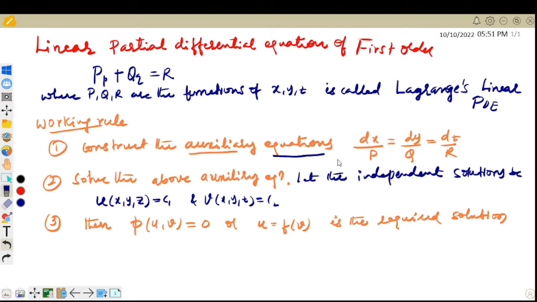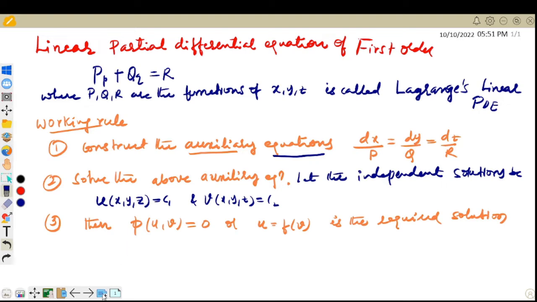So let the independent solutions of these subsidiary equations be u of x, y, z is equal to c1 and v of x, y, z is equal to c2. Then the solution becomes phi of u comma v is equal to 0 or u is equal to f of v is the required solution.